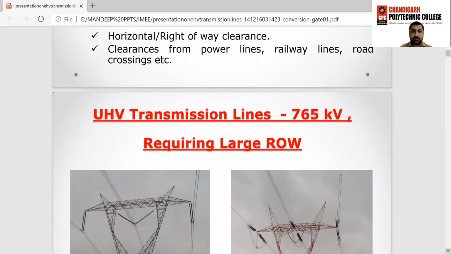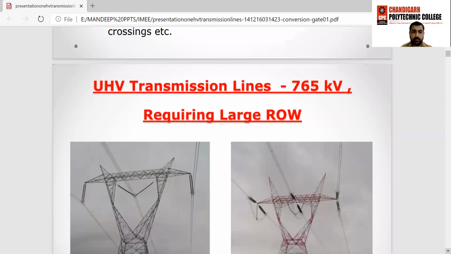These are some pictures which show the ultra high voltage transmission lines of 765 kV requiring large right of way.